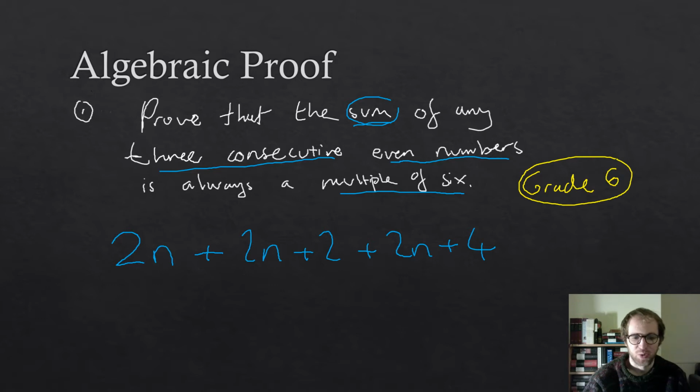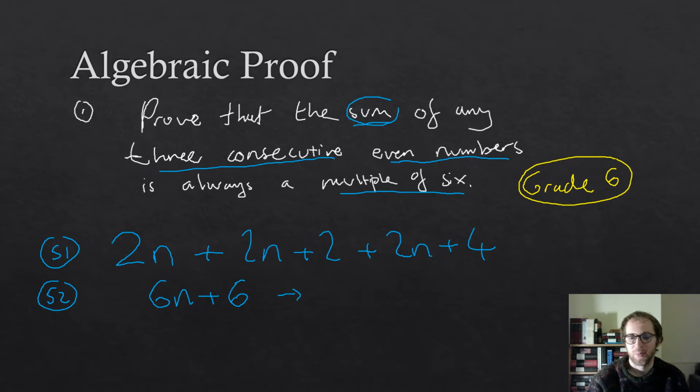So how do we prove that it's a multiple of 6? Well, the first thing to look to is, can we simplify? Because that will help us spot anything that we're looking for. So you might see here that we've got 6n plus 6 immediately from just collecting the like terms.